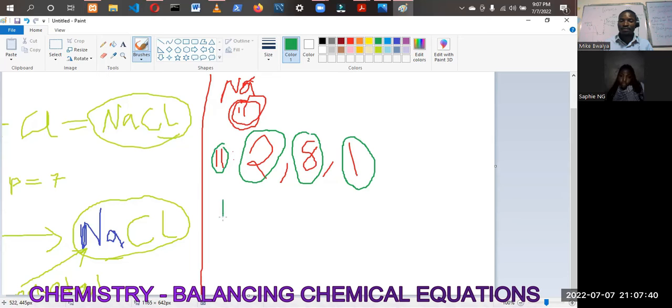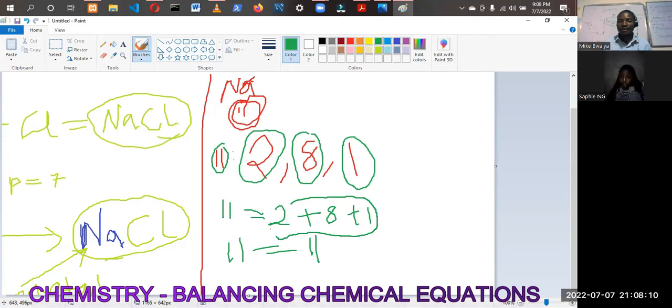So 11 equals 2 plus 8 plus 1, which gives you 11. 11 equals 11. So when you add all this together, it gives you 11 electrons.